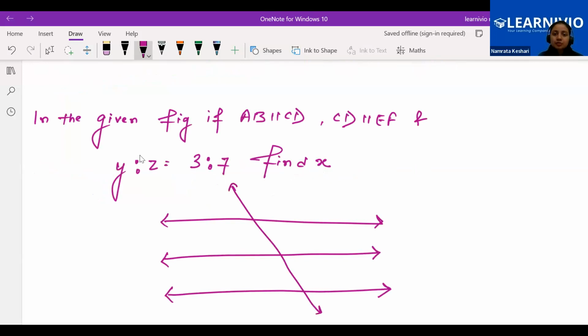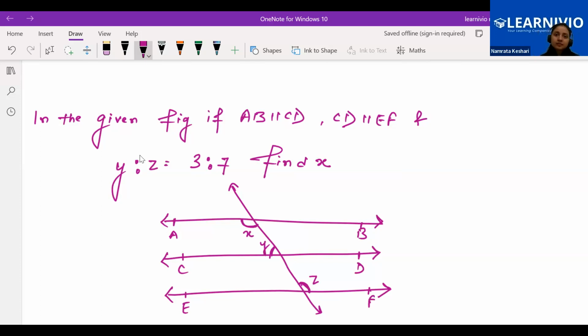I'm telling you, we have to use the theorem which we have discussed just now. A, B, C, D, E, F. This is X, this is Y, and this is Z. This much information we are having in hand, and we have to find the value of X. Just X?